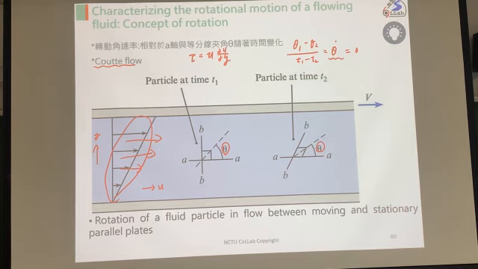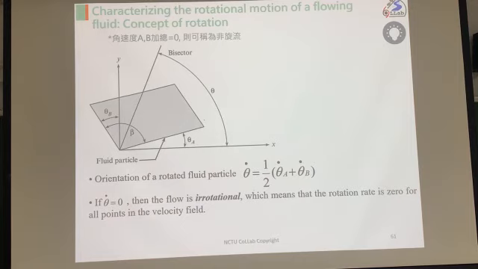Okay, so take a look here, the theta. What is the theta? This is the bisector line, and this is the horizontal line. The angle between the bisector and the horizontal is the theta. So we define theta as the angle of the bisector line relative to the x-axis direction.